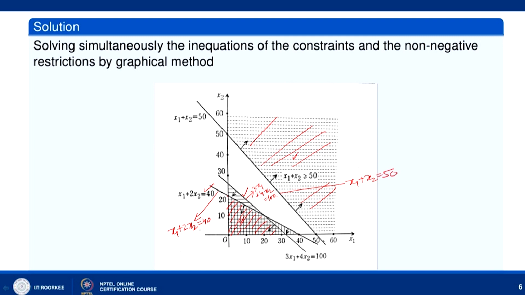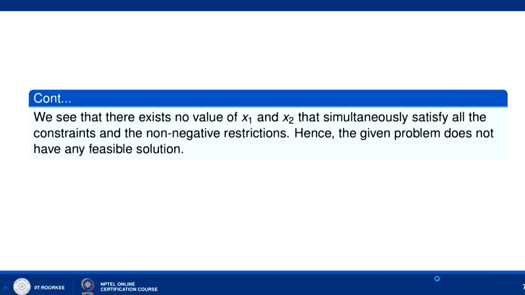So, no values of x 1, x 2 can be obtained, and therefore there is no solution to this problem. Since there exists no value of x 1, x 2 that simultaneously satisfies all the constraints and the non-negative restrictions, the given problem has no feasible solution. So, this is a problem with no solution.